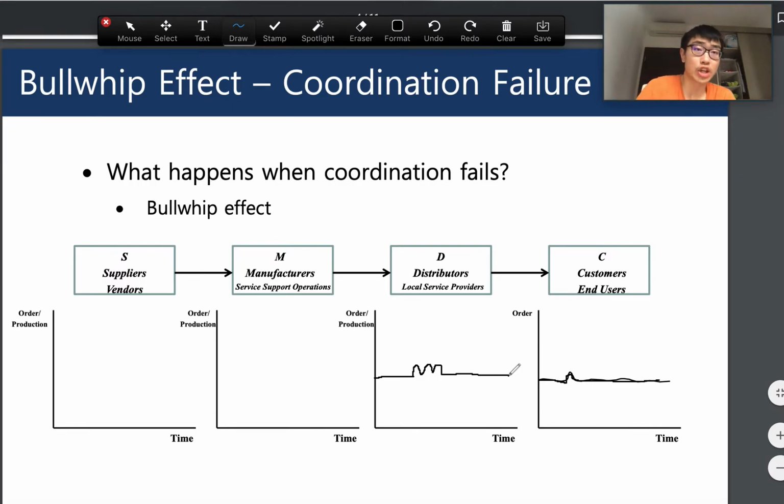They usually signal that they want more orders because they are preparing against uncertainty. That is okay, but when a manufacturer looks at this information from the distributor, they prepare even more inventory. It will be something like this.